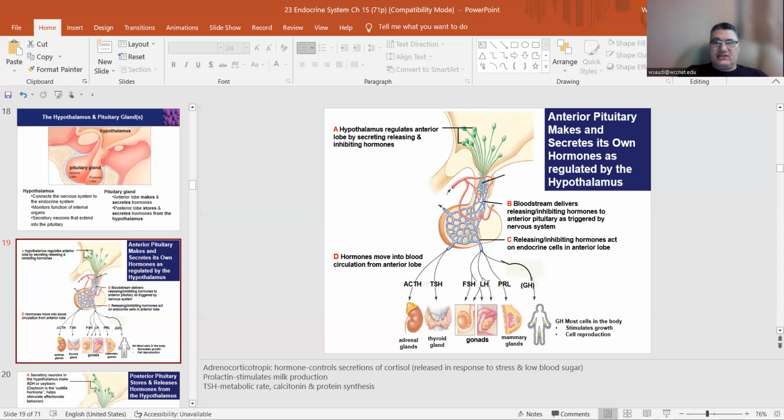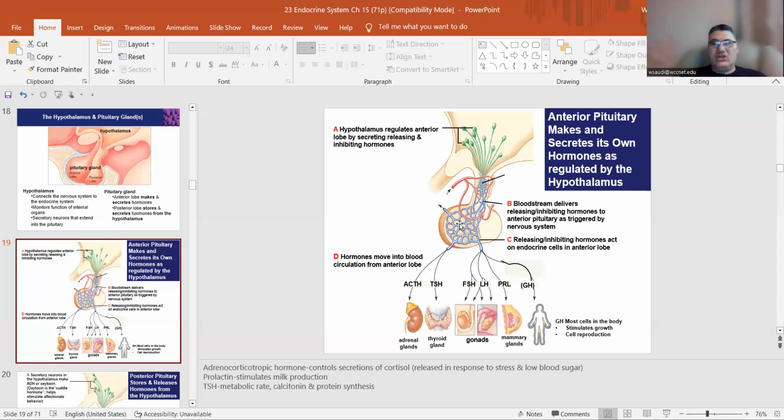ACTH, TSH, FSH, LH, all of these are translated because of an order coming from the hypothalamus, while the prolactin and growth hormone are the participation of the pituitary gland. What do you mean? I mean, I told you that the president, beside making all these orders that go to the anterior pituitary, I'm going in a sideline, I'm going to make two hormones so that everybody feels that I'm participating.